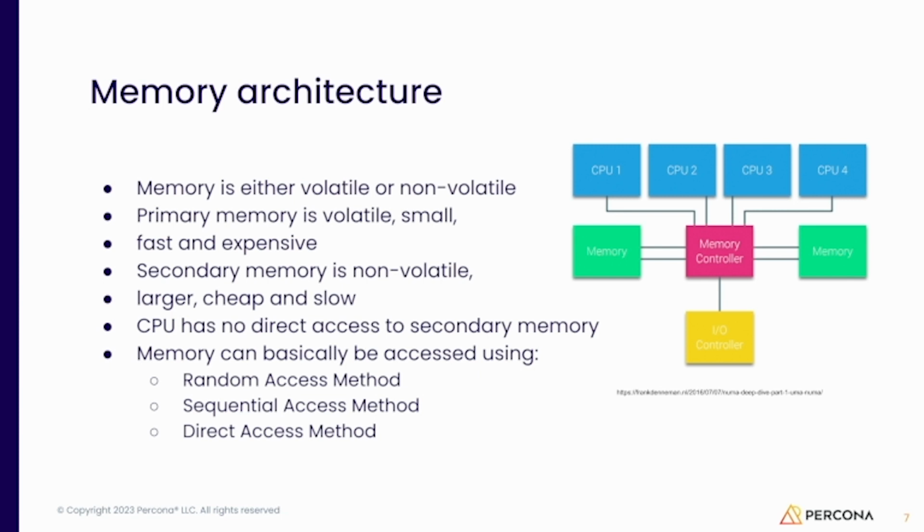So if you have a component that works with a 5 volt level, everything that is close to 5 volts, like 5, 5.5, 4.7, we say that we have a 1 bit there. Everything below that threshold is 0. It means that if you have no voltage at all, that's 0. So it lost all the information. Memory is not able to keep the information, different from the hard drives, right?